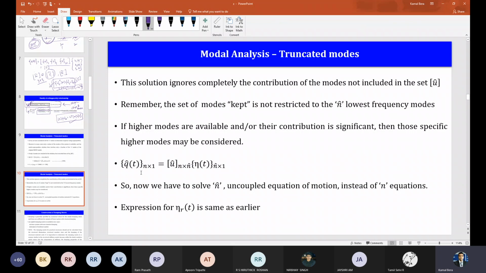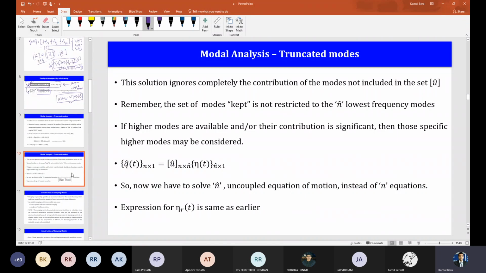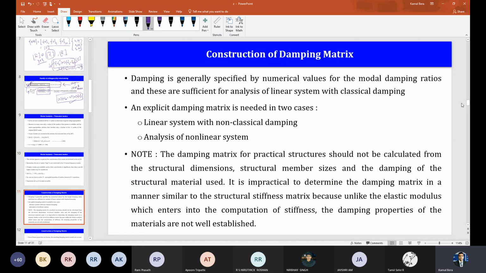Now comes the remaining thing, that is the construction of the damping matrix. Damping is a very complicated phenomenon.